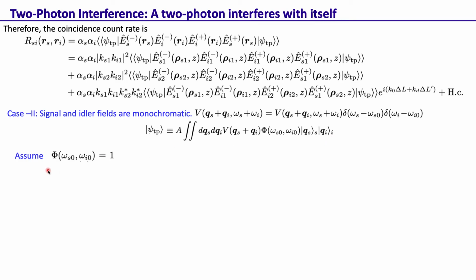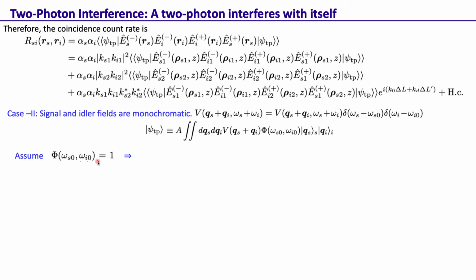We will simplify it a little bit more and assume that this phase matching function phi of omega s naught, omega i naught is actually 1. This just makes the math simpler and makes it easy to explain the main concept, but in general phi need not be 1, and one can still do this.